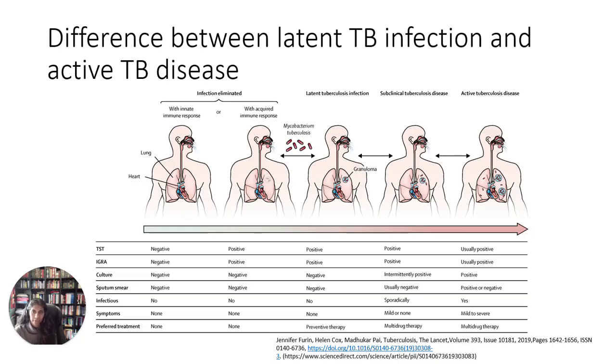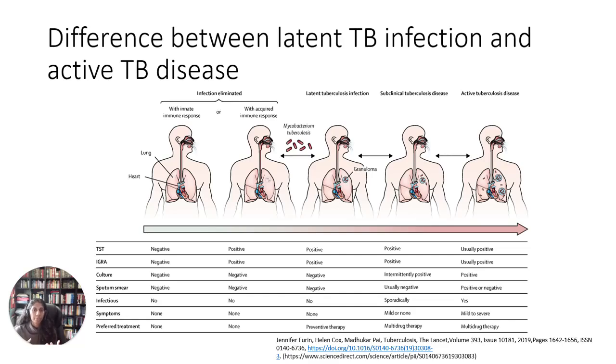However, it's very rare that people are able to eliminate the infection on their own with their immune system. The vast majority of people will develop latent TB infection after exposure. That's when the acquired immune response forms a granuloma that walls off the bacteria at the center with caseating necrosis.